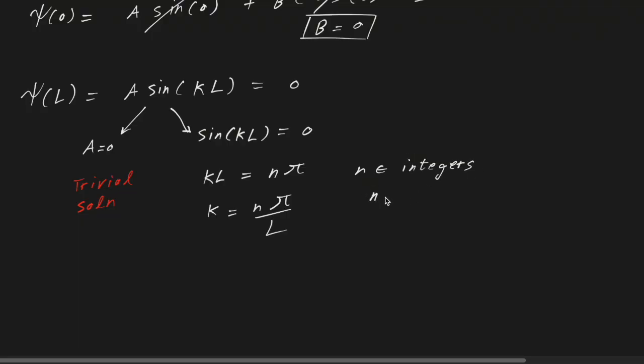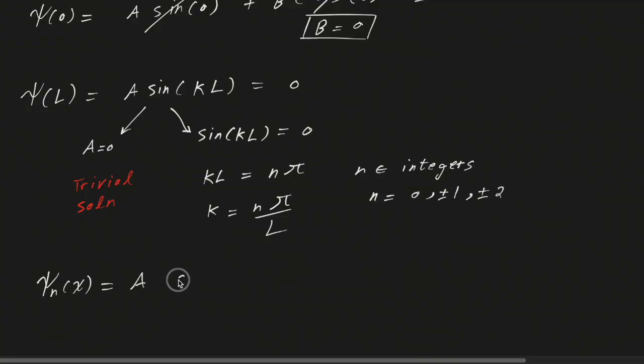So n can be 0, plus or minus 1, plus or minus 2. But we're going to discuss the value of 0 and the negative values as well, just in a second. So psi n of x will look something like this.